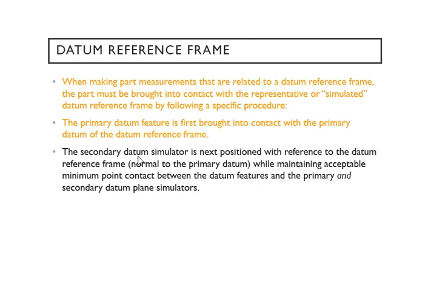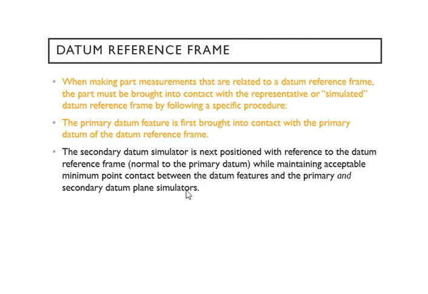So I'll go into the secondary datum simulator. Again, you will do the same thing, and you can get it from the datum reference frame. I said there are three of them, and the second one, of course, we call the secondary datum feature. You're going to call your secondary datum simulator and put them together, meaning put it in contact between the datum feature and the secondary plane simulator.